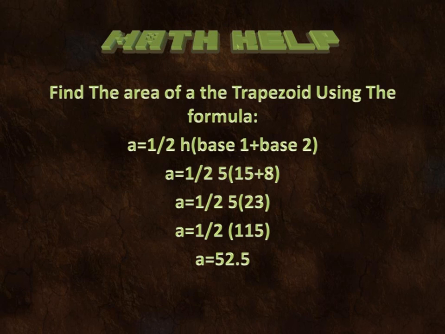So plug in your numbers, you get A equals 1/2 5 times 15 plus 8. Then you get A equals 1/2 5 times 23. Then you divide 115, which is what you get from 5 times 23, by 2 and it equals 57.5. And that is your area for your trapezoid.